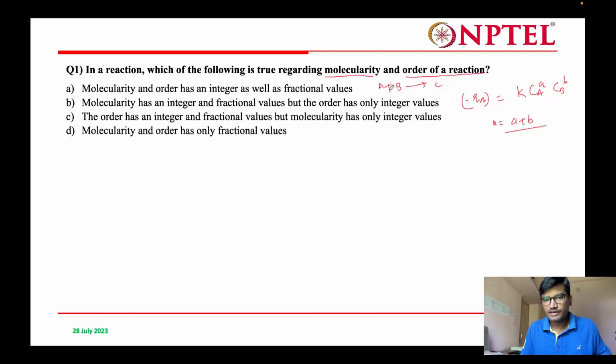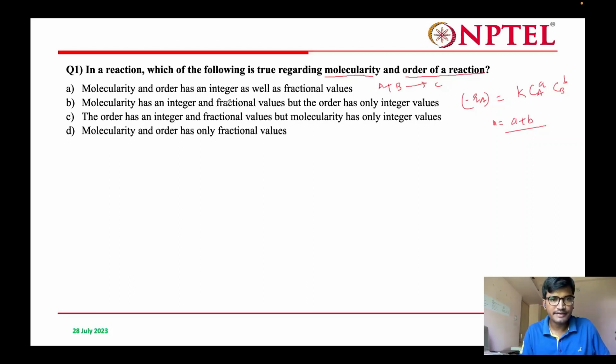So molecularity can have only integer values, 1 to 3, and the order of reaction can have fractional values as well as integer values. Right. Now we go to the options.